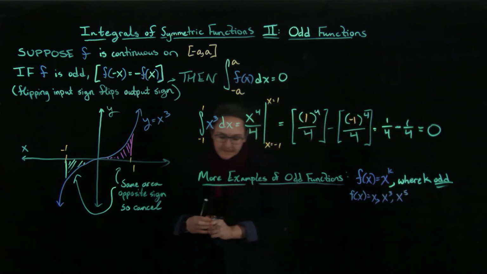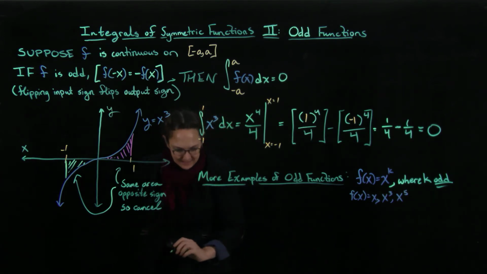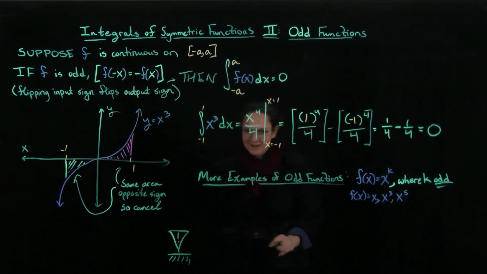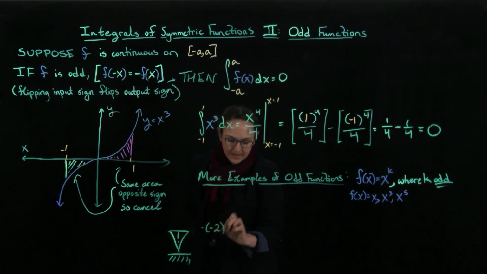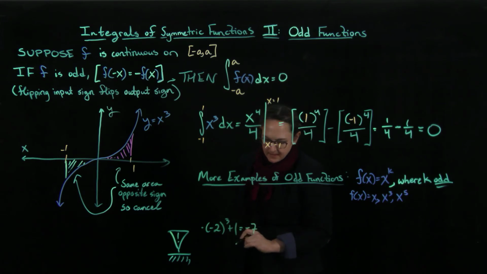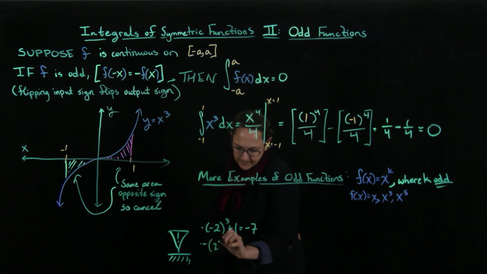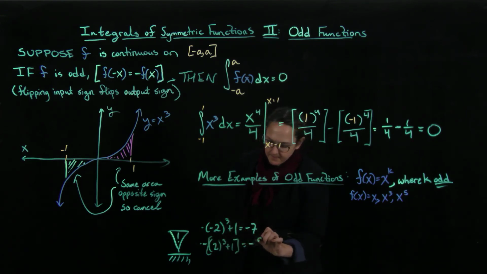Here's a caution. If I take minus 2 cubed and add 1, I get minus 7. If I take minus 2 cubed plus 1, I mean minus 9, these are not equal.